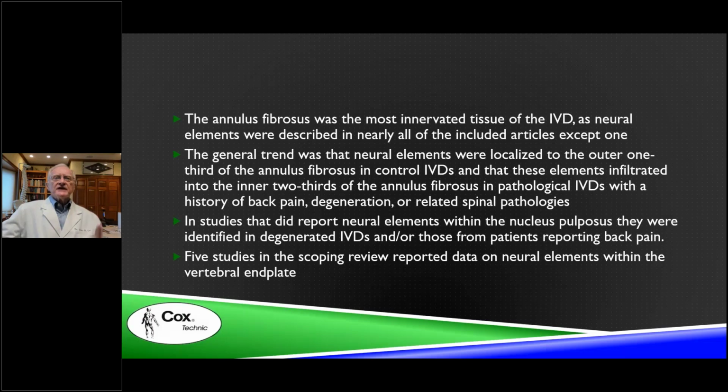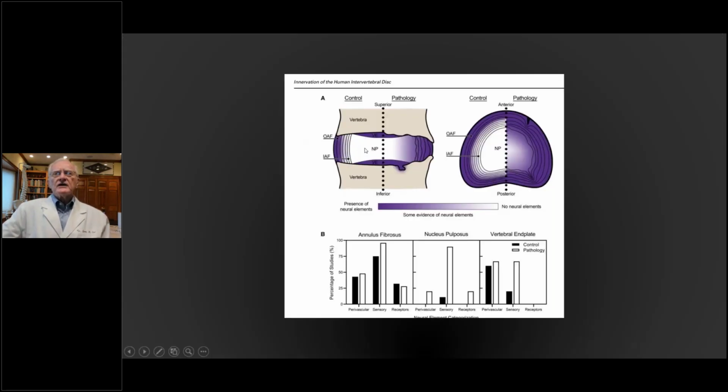The general trend is that the inner 2/3 of the annulus fibrosus become innervated with pain-sensitive fibers, which are what? Largely sympathetic gray rami communicantes like this, where if we have a normal disc, the nerve supply of the inner nucleus is not great. The outer annulus is.